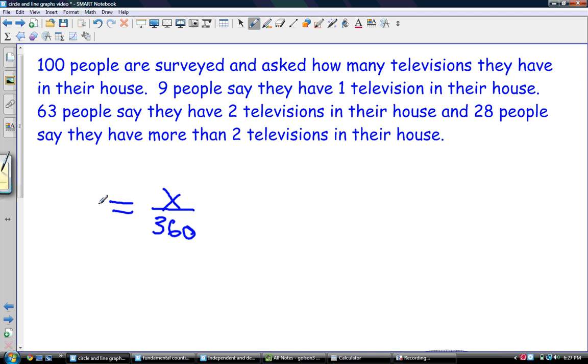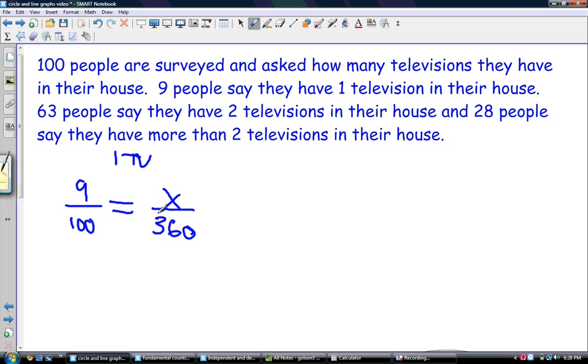And so the way I'm going to figure that out is I know up here for 1 television that 9 people said they have 1 television, and it's 9 out of the 100. So what I do is set up a proportion that's 9 out of 100 is equal to how many degrees, or x, out of the 360 in the circle. And so I can solve this proportion to figure out how big to make each section.